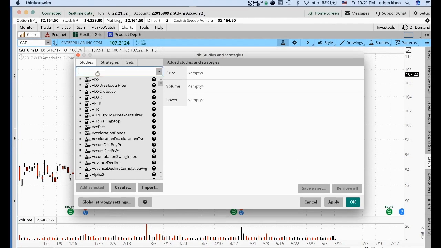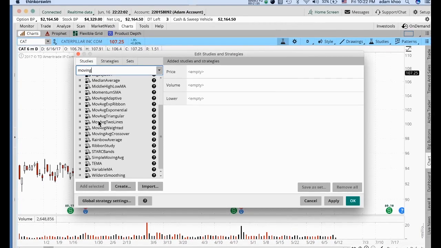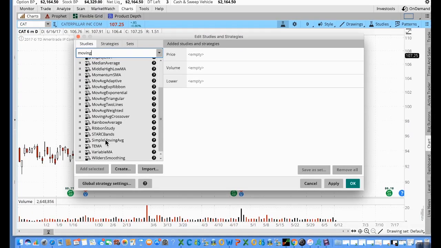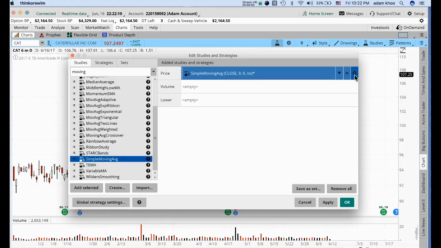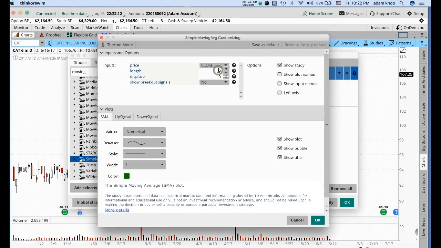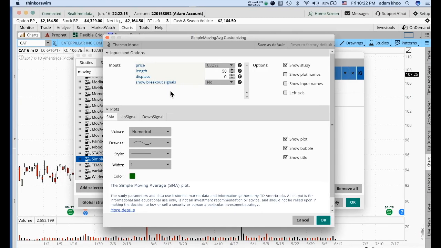So for example, I could put in my moving averages. Simple moving average is over here. There. Okay. I'm going to double click on that, and for the simple moving average, I would go with the 50 moving average for that BMR strategy, Bollinger Mean Reversion.